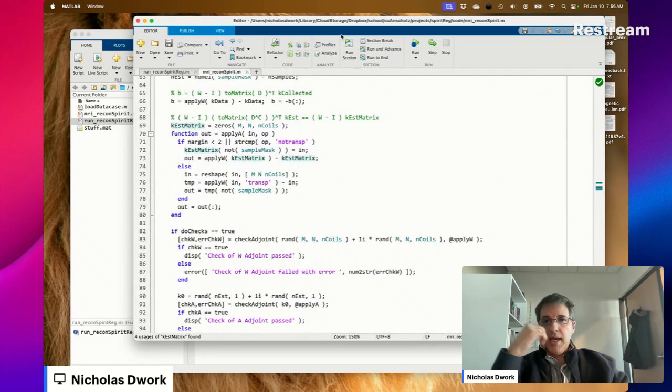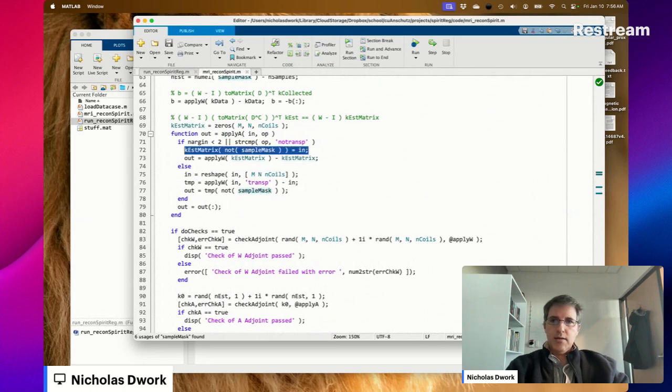You see, apply A right now takes in a sample mask. It fills in the data.